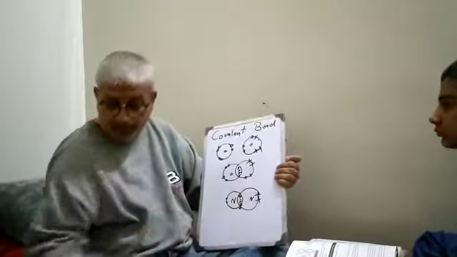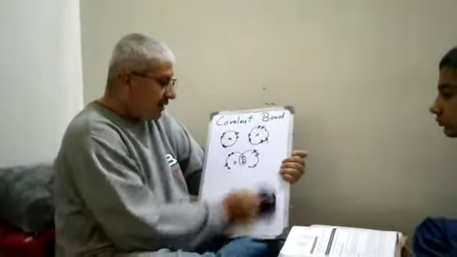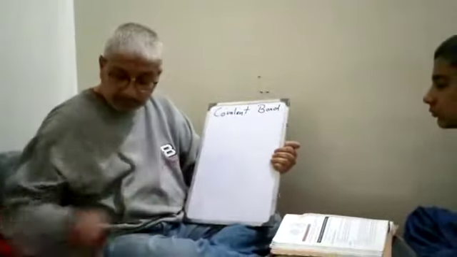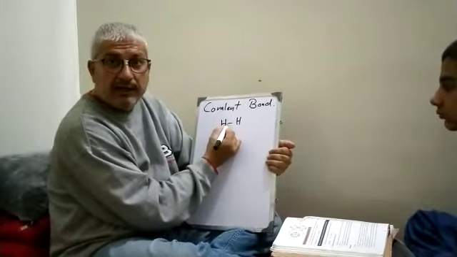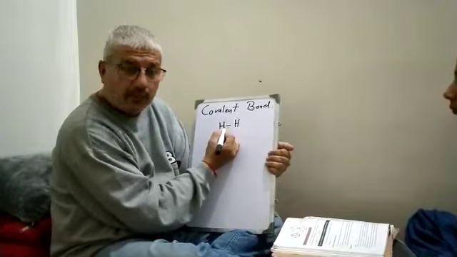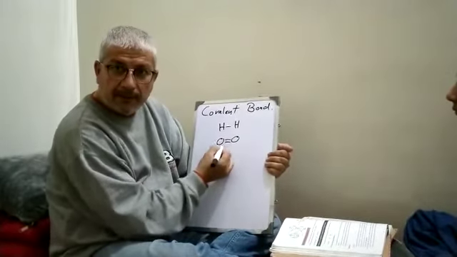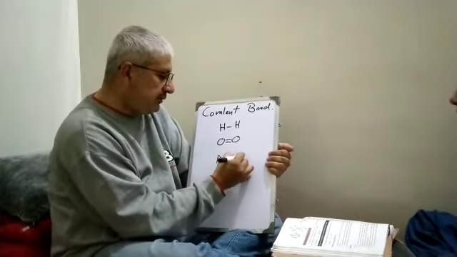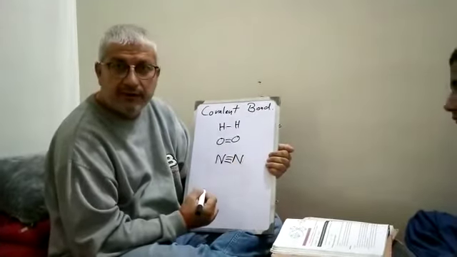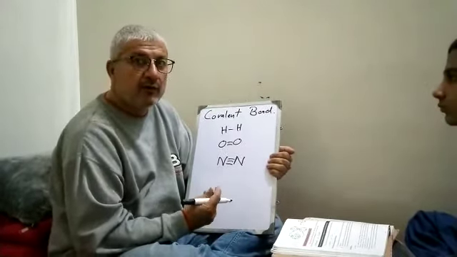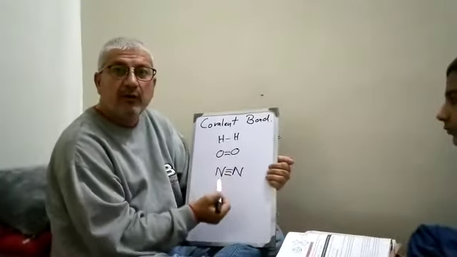These are also represented by dashed lines, and I will show you how. Like this, hydrogen and hydrogen. This one line or dash represents the single bond. In oxygen, double bond. In the case of nitrogen, it is triple bond. So now you have understood that covalent bonds are single, double or triple.